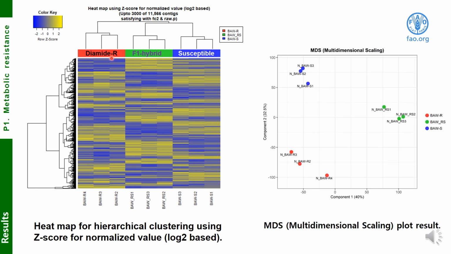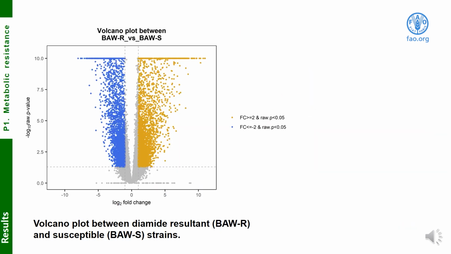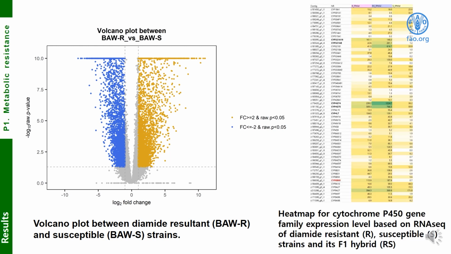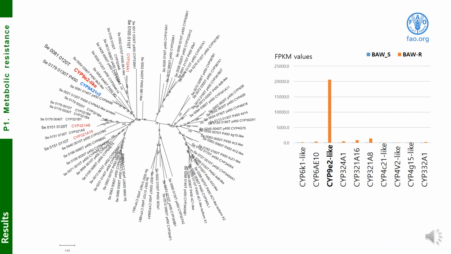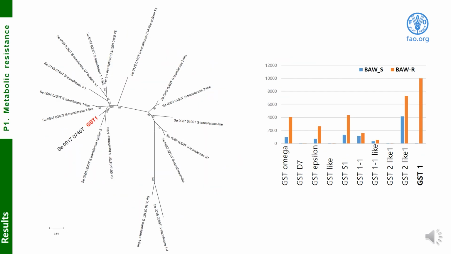Their expression patterns were grouped like this and checked to find candidates. Finally, we found some insecticide resistance-related genes like these.